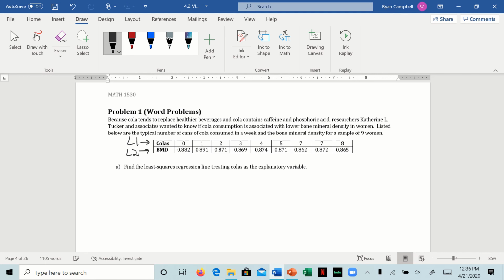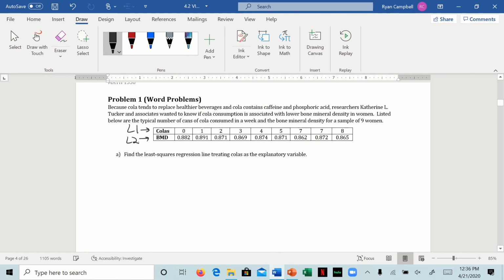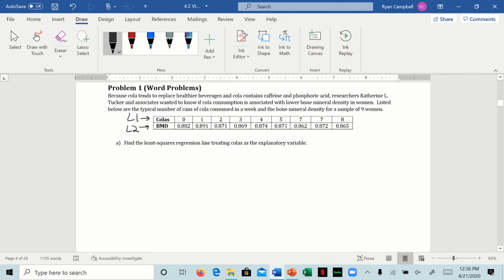So colas is L1, bone density is L2, and to find the least squares regression line, we're going to use LinRegTTest. Linear regression, that's what LinReg means. What's the only thing we need to make sure of in LinRegTTest? We need to make sure that rho does not equal 0.